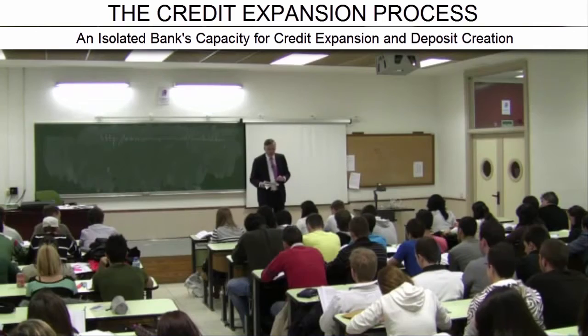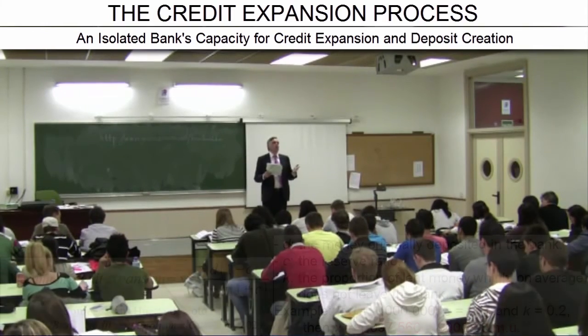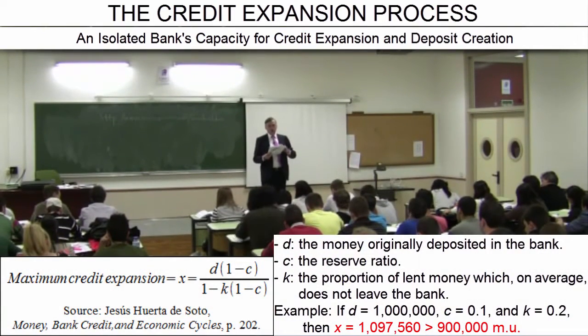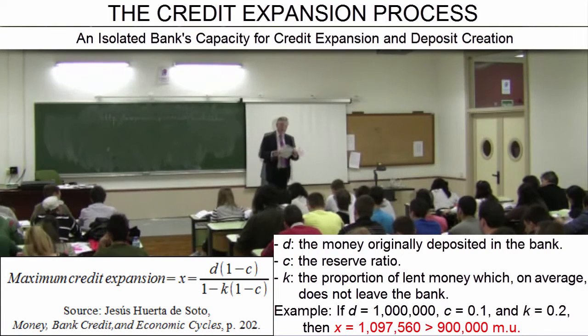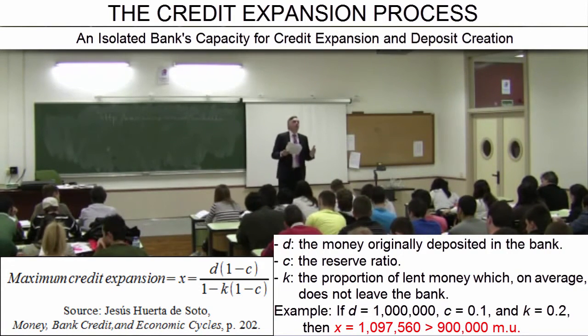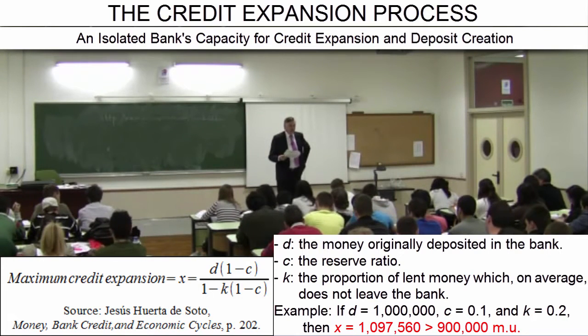The credit expansion which follows is indicated by the formula on page 202. As you can see, it is rather complicated, but it yields a result larger than 900,000 units.